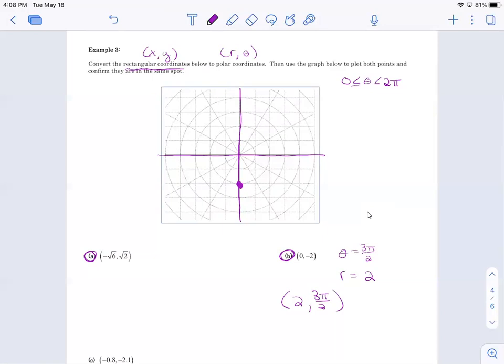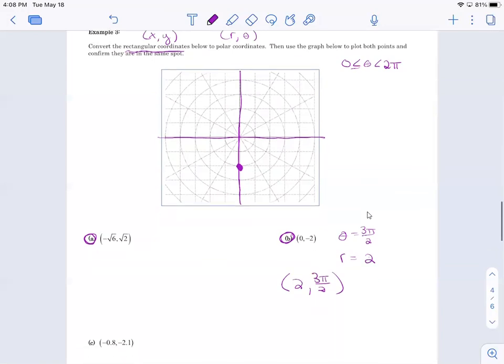Now, say you're like, no, Stephanie, I don't get it. Well, first off, we could find our R by doing Pythagorean theorem. And what do you know? We get 2. To find your theta, which we talked about in that first video, it's inverse tangent of opposite y over adjacent, which is x.